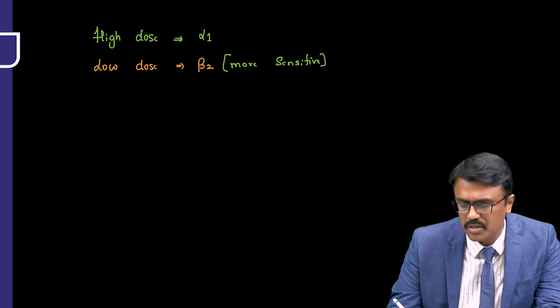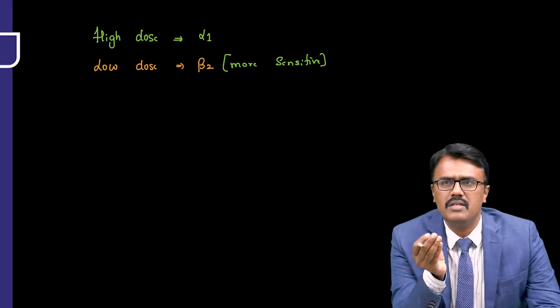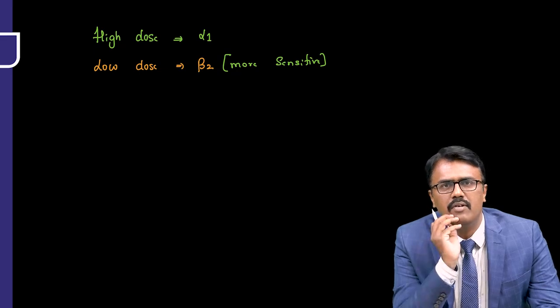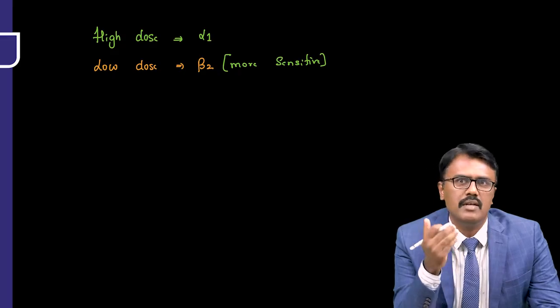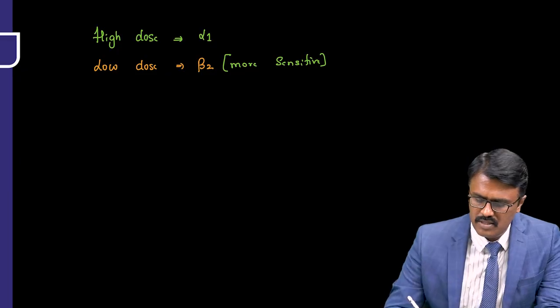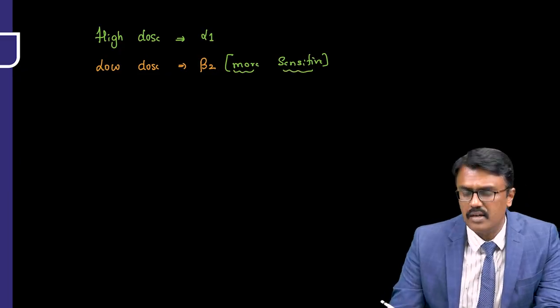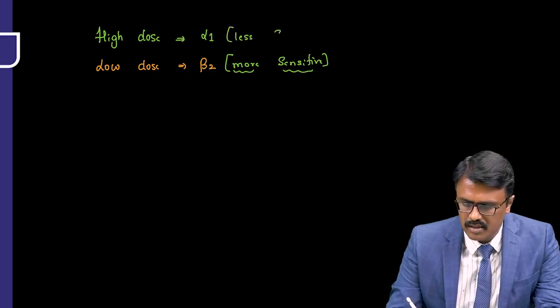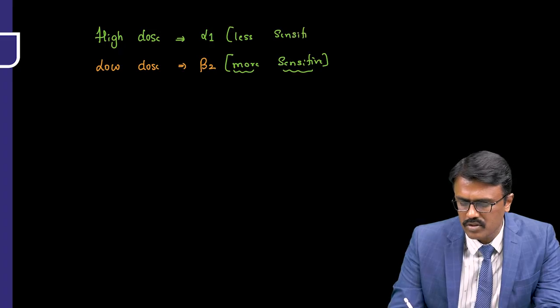What do you mean by more sensitive? For some people, if you just tell them one bad thing about them, they will be worried for a full day. But some people, if you tell them anything, they will not get worried. So, more sensitive means even with low dose, the adrenaline can activate that. Alpha 1 is less sensitive to adrenaline. That means only with high dose you can activate that.